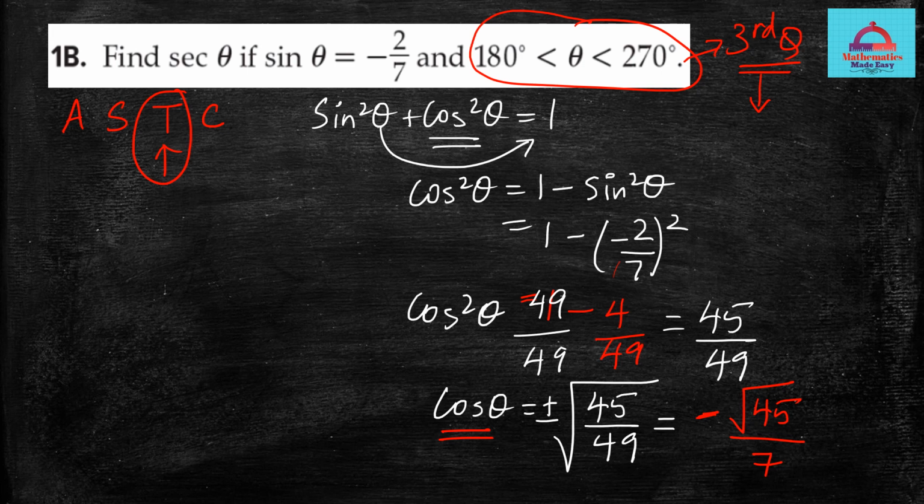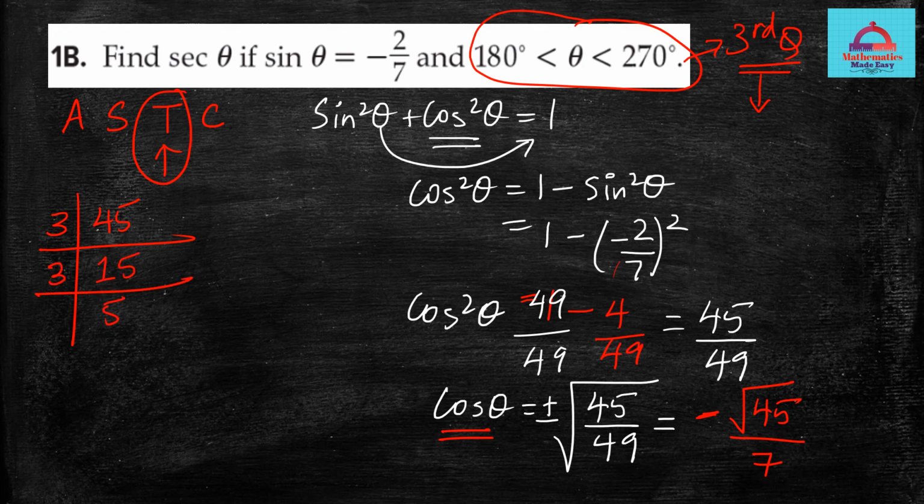Let's find the square root of 45. Now if some of you will directly use a calculator, you will make a mistake. Square root of 45 on a calculator will come out to be a decimal, but remember, for trigonometry the final answer has to be a fraction or radical. So I will do prime factorization. I'll start dividing with 3. So this is 1, 5, again 3 and 5.